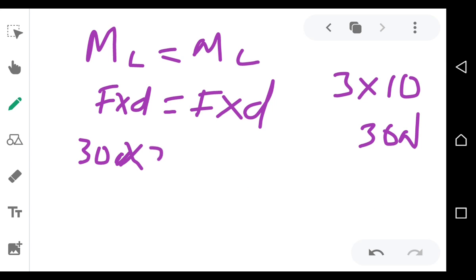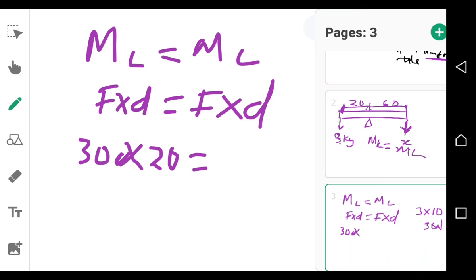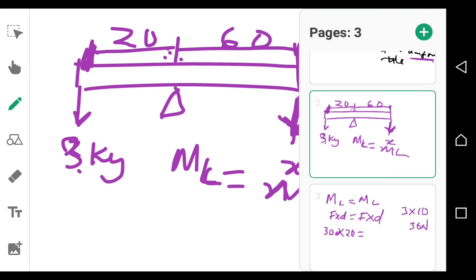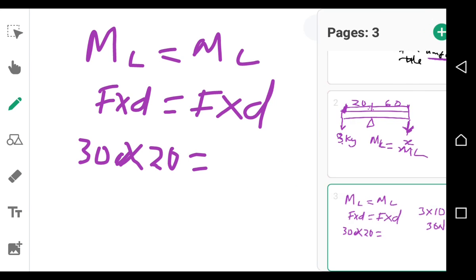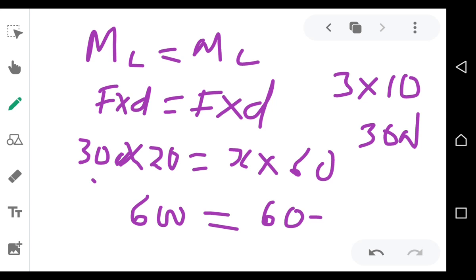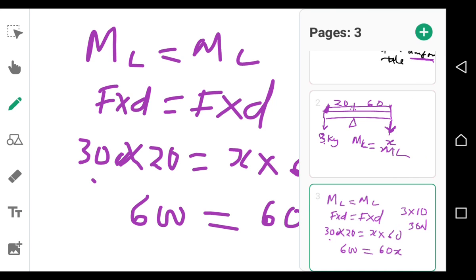It is equal to, what is the force? The force is what we are looking for. I do not know the force, so I'll put x for the force, and the distance is 60. So 600 is equal to 60x.